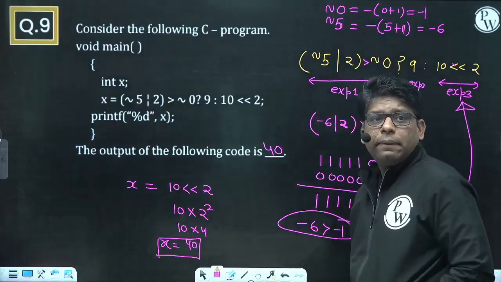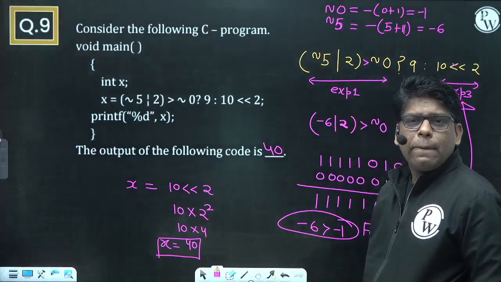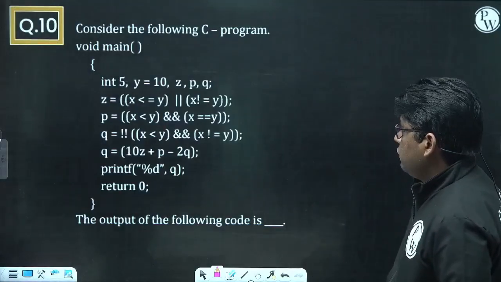Is there anyone? Good. Let's solve this question.